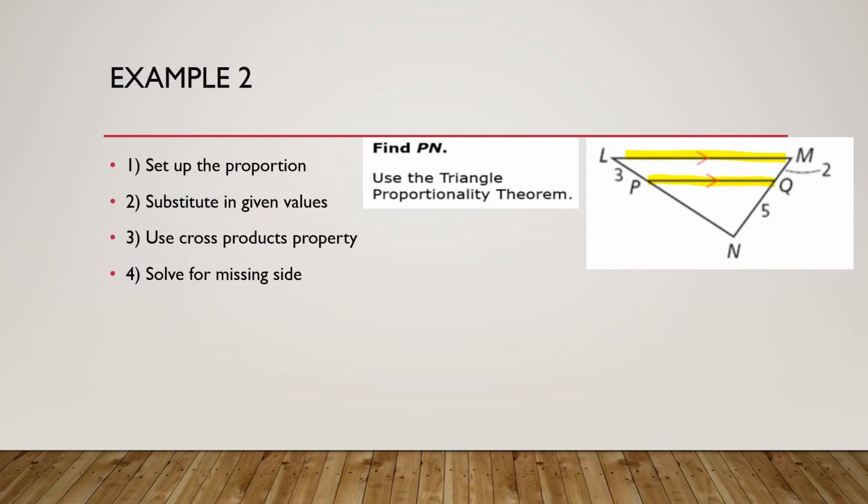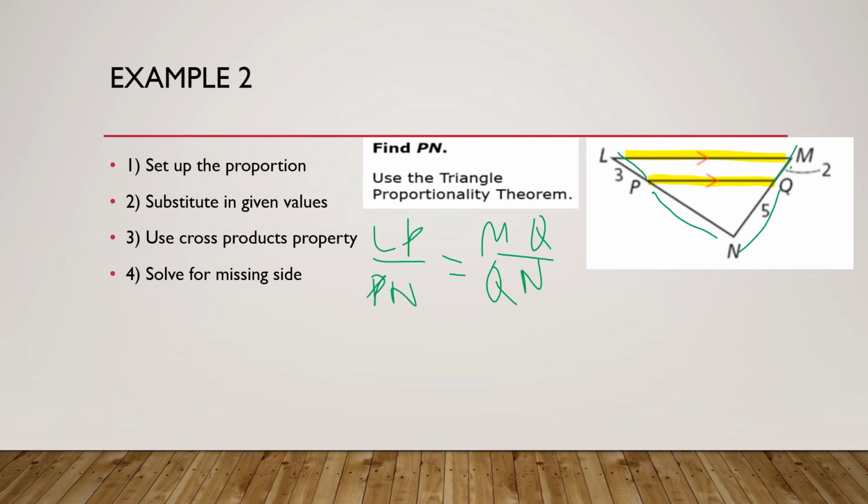So we know that L to P and P to N, the little part and the big part. On the other side, we have to keep the same order. So we would say M to Q and then Q to N. So the little part and then the larger part.